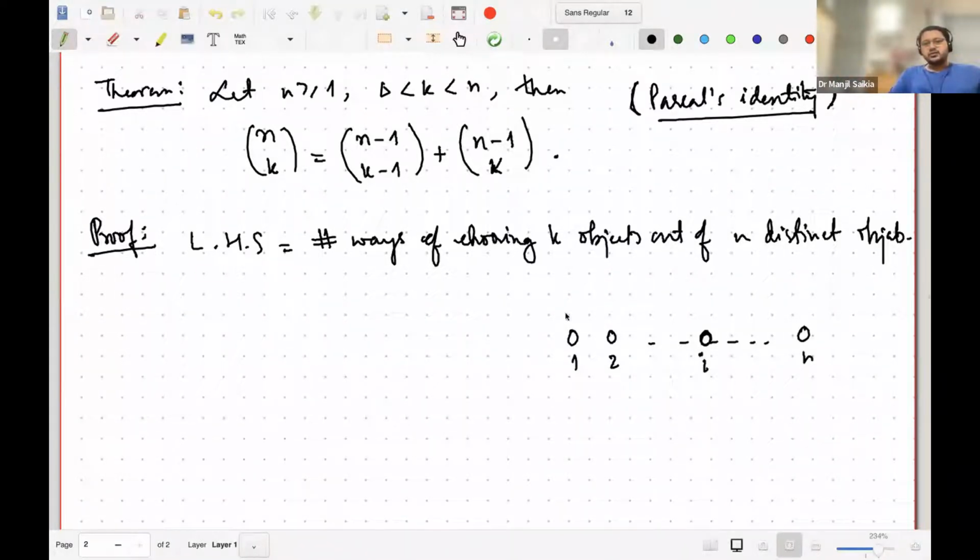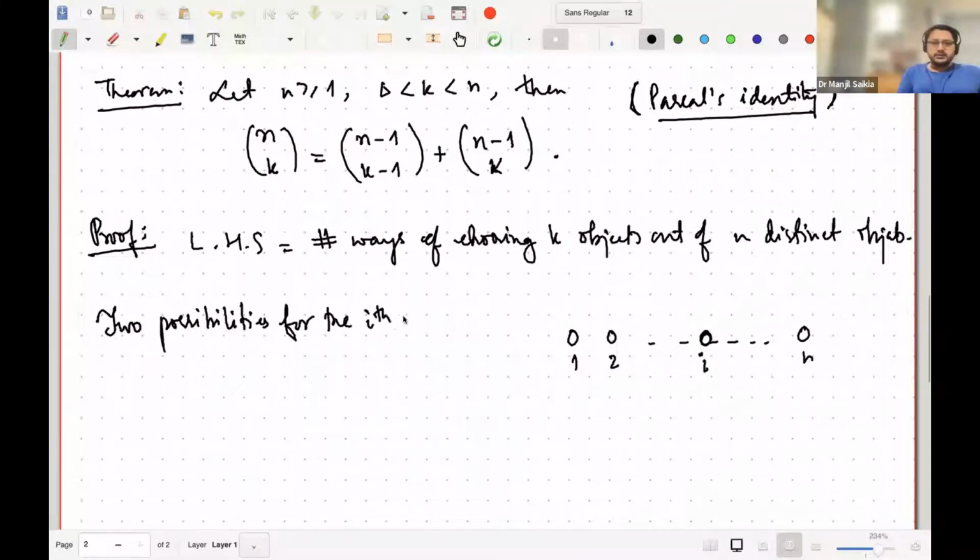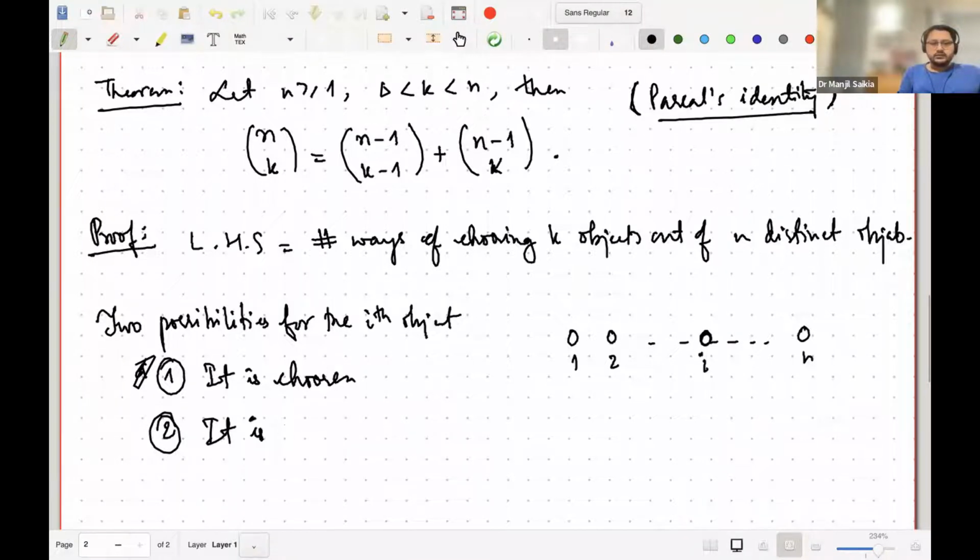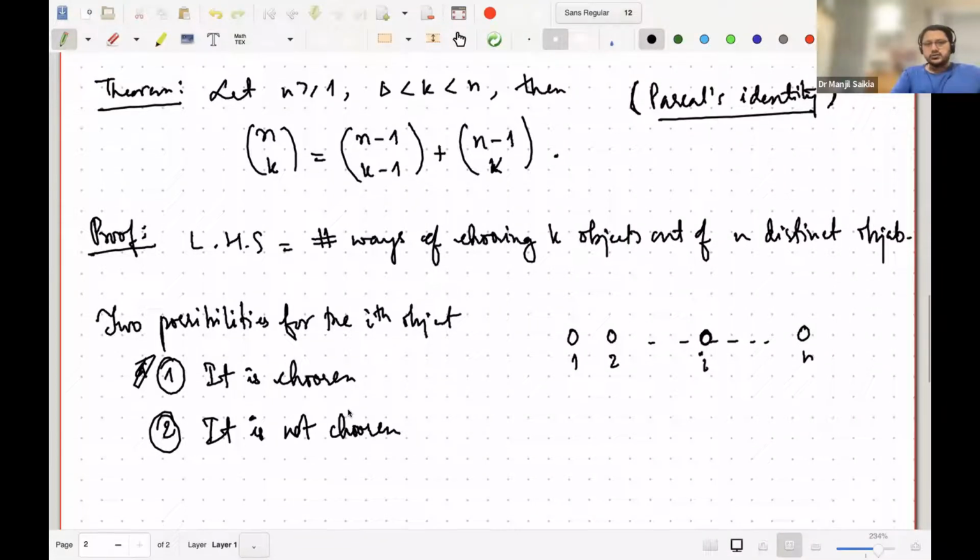So there are two possibilities for the ith object: the first is that it is chosen, and the second is that it is not chosen. Sort of like a binary choice.